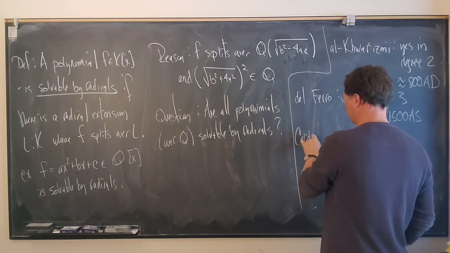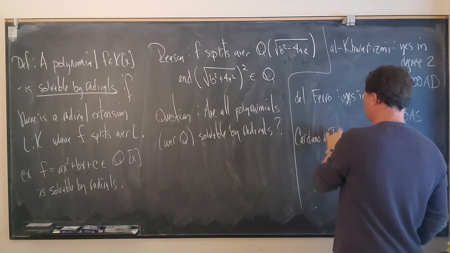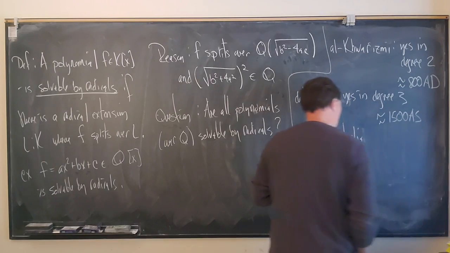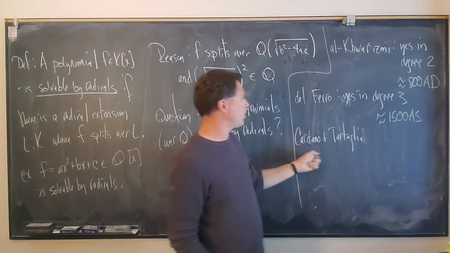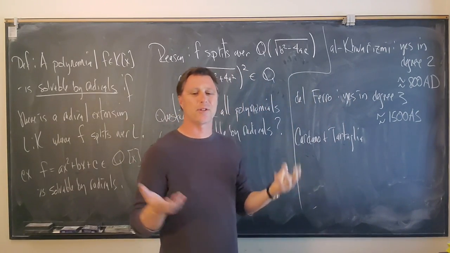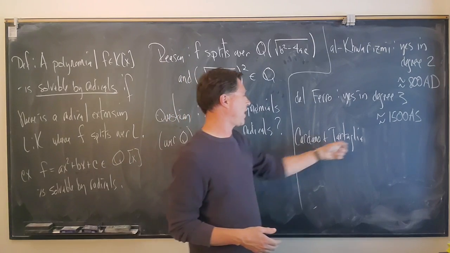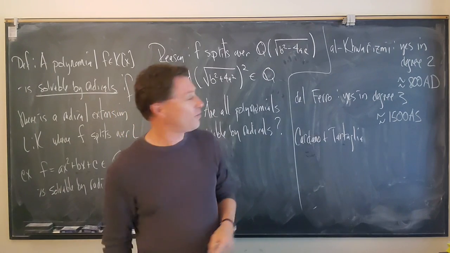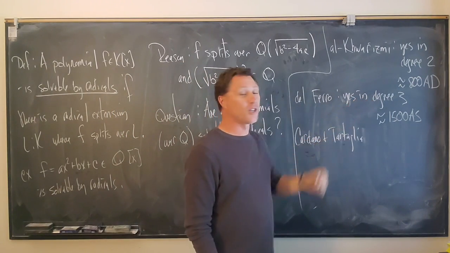Cardano and Tartaglia. I meant to look this up, but I forgot. These two guys had almost like a mathematical duel, I can't remember the story exactly, to figure out the formula for degree 3.